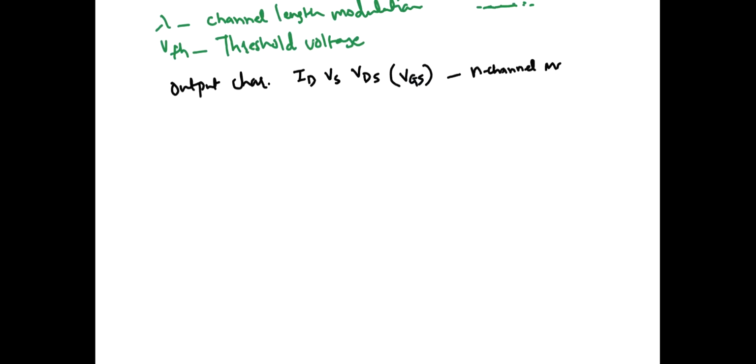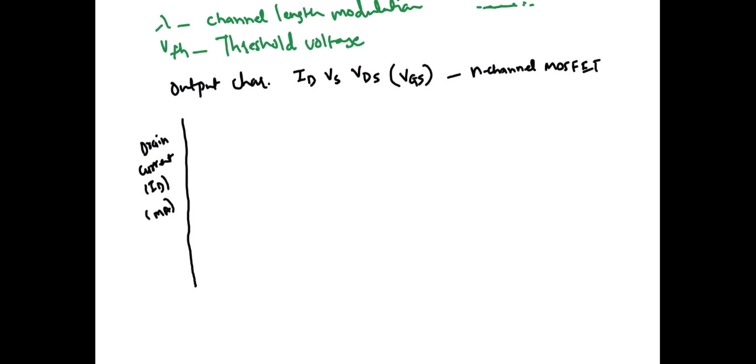Remember, the characteristics will be the same for the P-channel MOSFETs with the polarities of the voltages reversed. So let us draw that. On the y-axis, you will have the drain current, ID, which is usually in milliamperes.